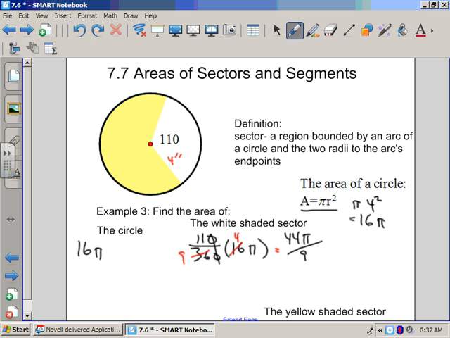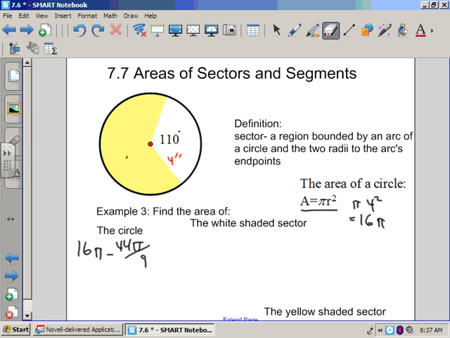Incidentally, if you think about what the area of the yellow shaded sector should be, it should actually be 16 pi minus 44 pi divided by 9. Hopefully that makes sense, because the whole circle together, or both of these sectors together, should add up to 16 pi. But that's not normally the way we would do this, so let's look at it like I would probably expect you to work it on the test.